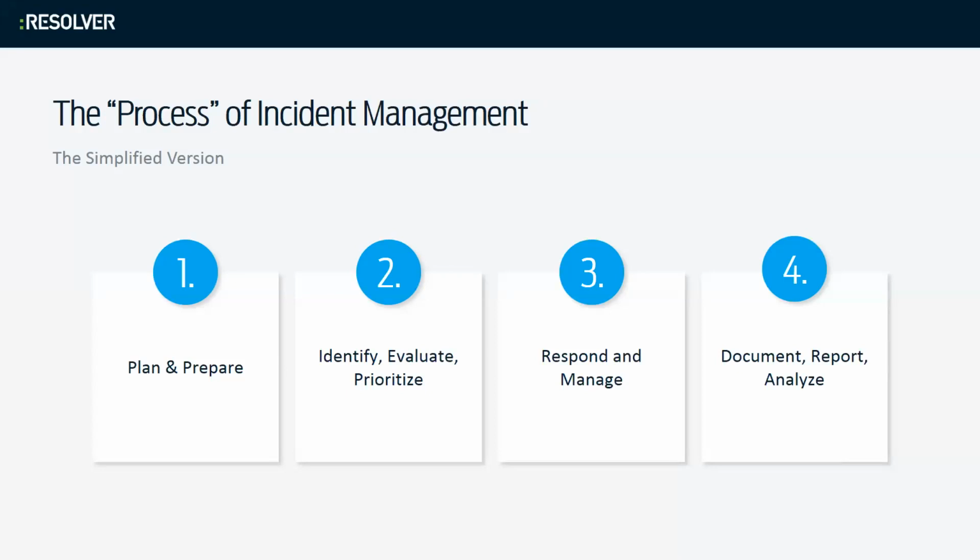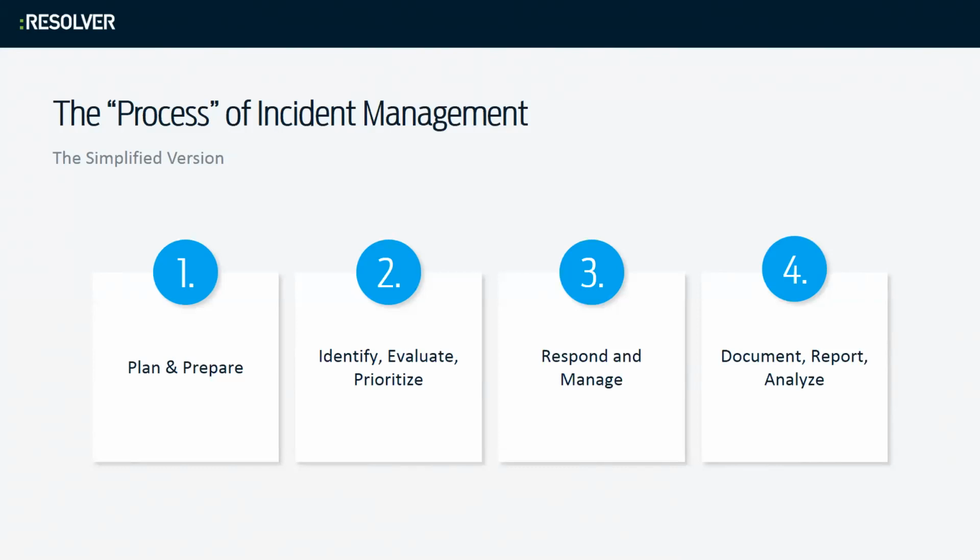But for the simplicity of it, you'll see I've quoted process, because this is one of the things you do in a command center, is the process of incident management, that you plan and prepare what types of things will happen and how will we react when it happens. Next, identify, evaluate, prioritize. So when that thing happens that we've planned for, we have to evaluate it and say, yep, this is real, it's fake, it's high priority, low priority.